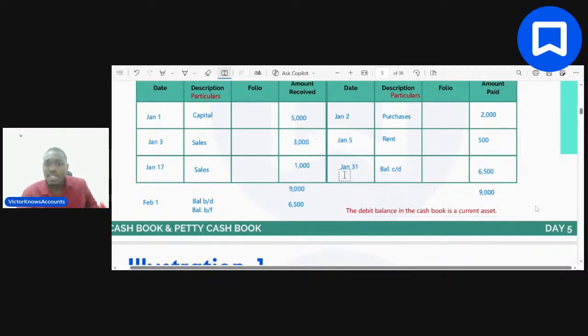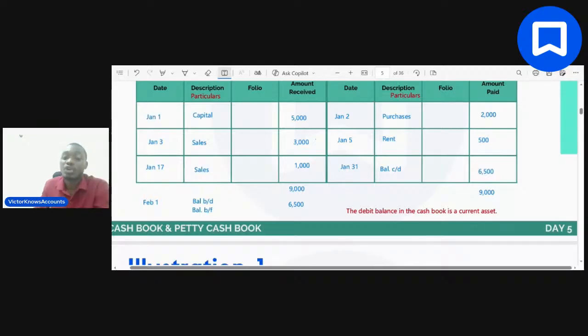What do we mean by a debit balance? Now, when you are talking about debit balance and credit balance, you don't use your balance carry down to judge. You use your balance brought down or balance brought forward to judge. Please pay attention to this. What does that mean?